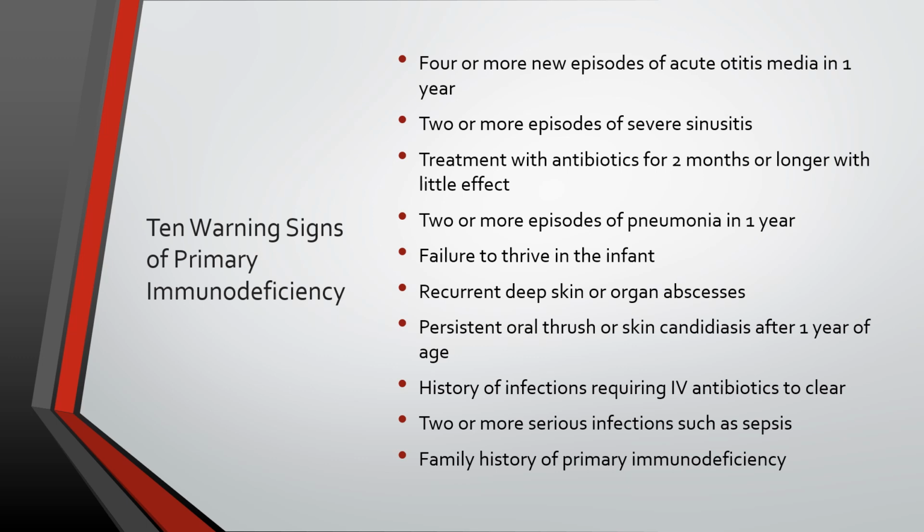10 warning signs of primary immunodeficiencies are listed here. If the kiddo has had 4 or more new episodes of acute otitis in a year, that could be a warning sign. 2 or more episodes of severe sinusitis, treatment with antibiotics for 2 months or longer with no effects, 2 or more episodes of pneumonia in a year, failure to thrive, recurrent deep skin or organ abscesses, persistent thrush or skin candidiasis, history of an infection requiring IV antibiotics, 2 or more serious infections such as sepsis, or family history of a primary immunodeficiency.